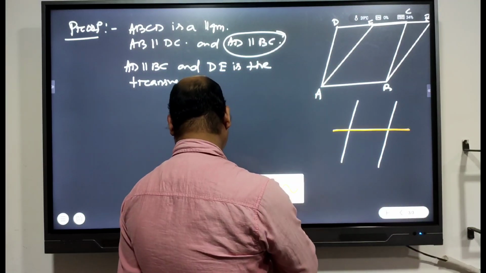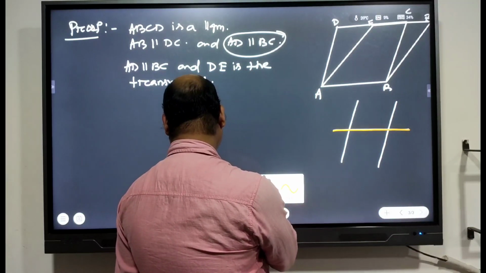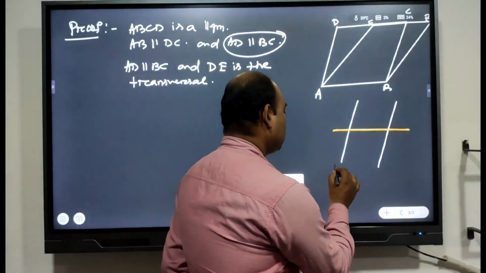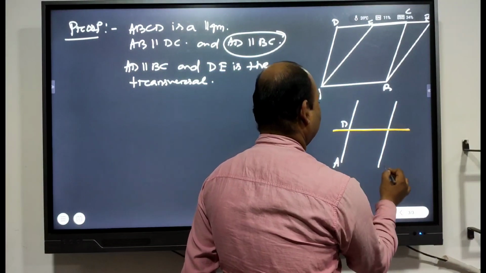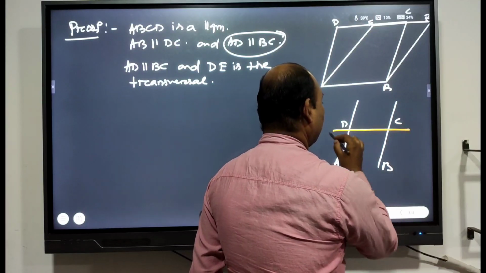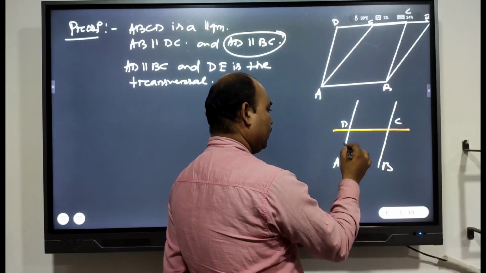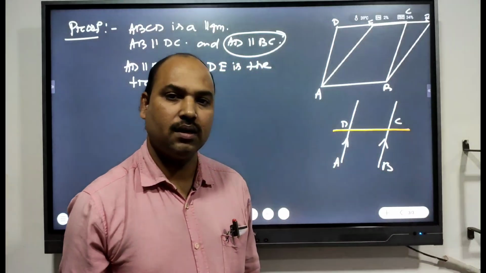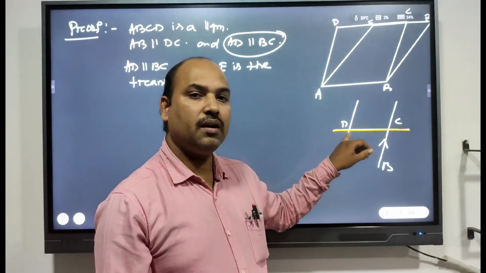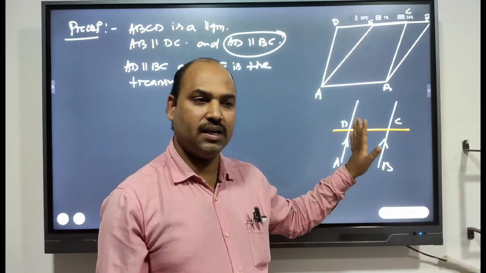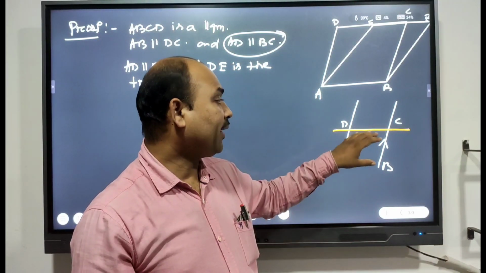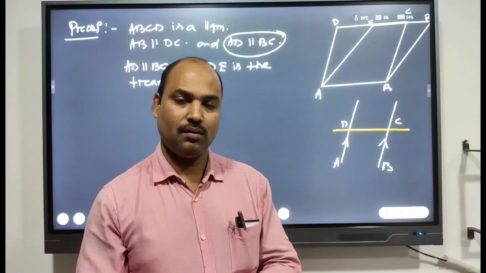Now we know that when AD is parallel to BC, suppose it is A and B, and B and C, AB and CD. These are two parallel lines, and BC is the transversal. When a transversal intersects two parallel lines at distinct points, then their corresponding angles are equal.